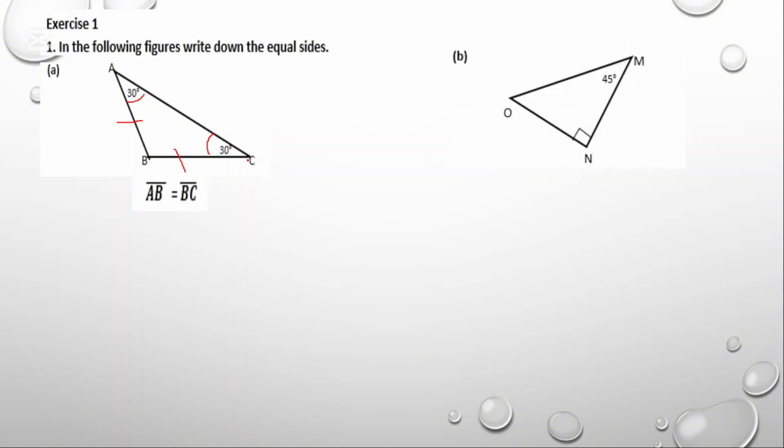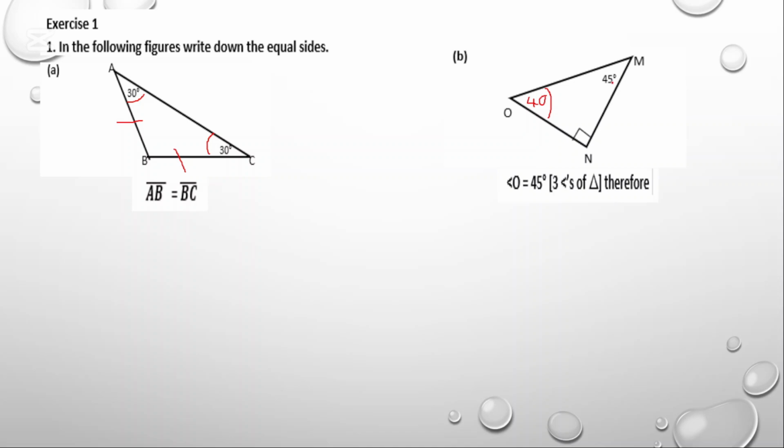Next. Right. This angle is 45, this one is 90. Now we know the three angles of a triangle add up to 180. So O must be 45 degrees. Now let us check.